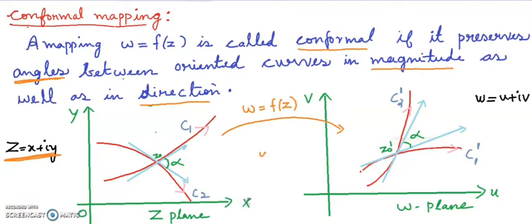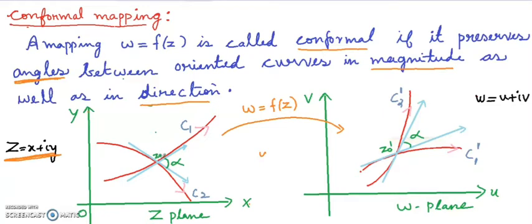We have two curves here, C1 and C2, marked in red lines, and Z0 is the point of intersection of C1 and C2.